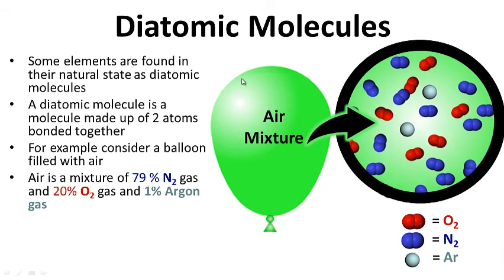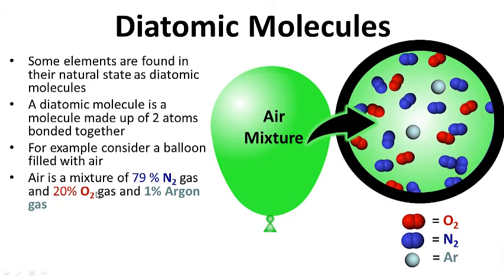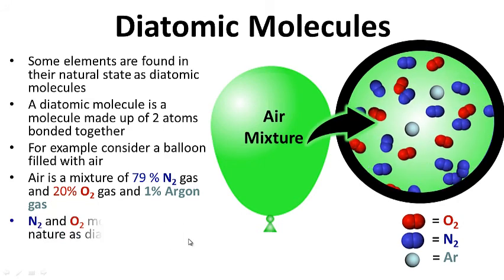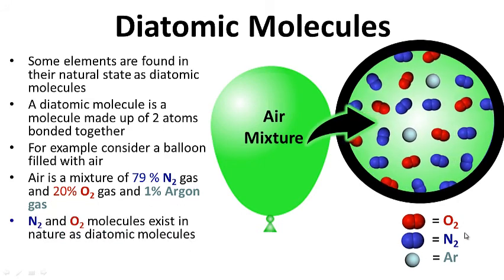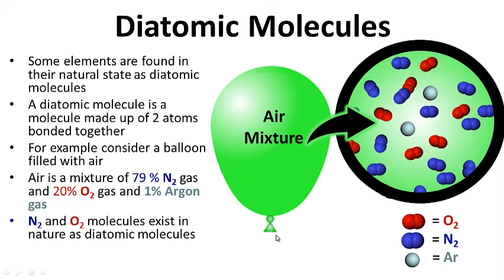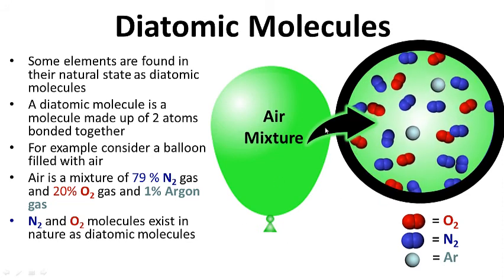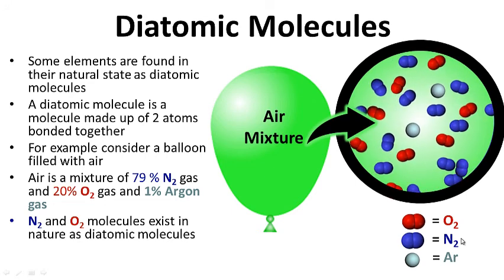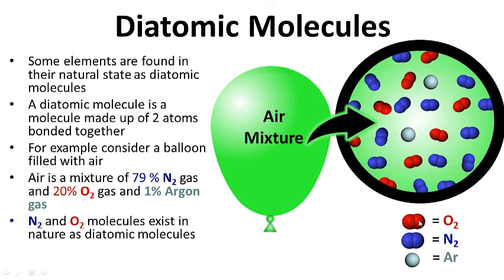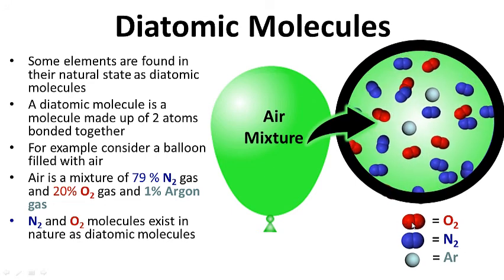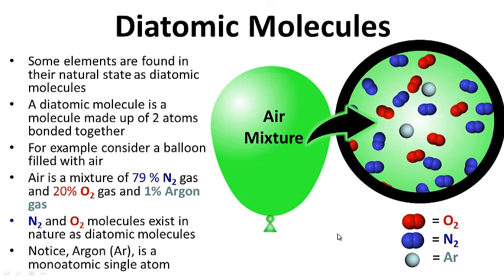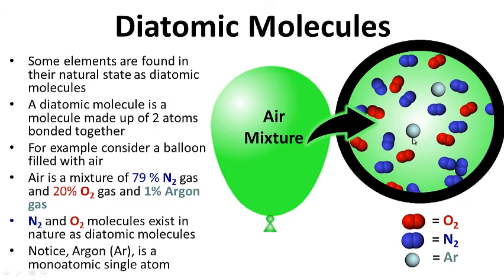Air is a mixture of 79% nitrogen gas, 20% oxygen, and 1% argon gas. N2 and O2 here are diatomic molecules. So when you're breathing in air, you're basically breathing in diatomic molecules of oxygen and nitrogen. Notice O2, two atoms, N2, two atoms. Argon, though, is monoatomic.